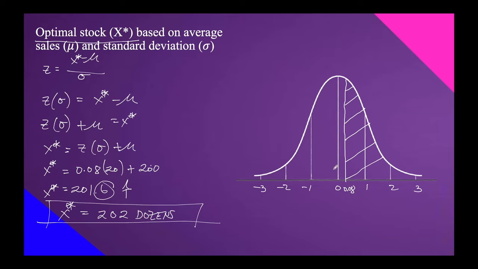Diba? Kasi 50% itong kabila eh. 50-50. May konting hindi siya nasakop ng shading natin. Dahil nga, this is just a 47%. This is the probability of optimal stock.